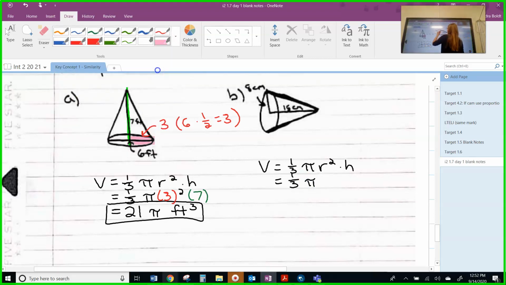Here, the line does only go halfway across. That line doesn't go all the way across, so our radius is 8. Squared. And then our height, again, even though it's sideways, and it's hard to read, that is a 15.